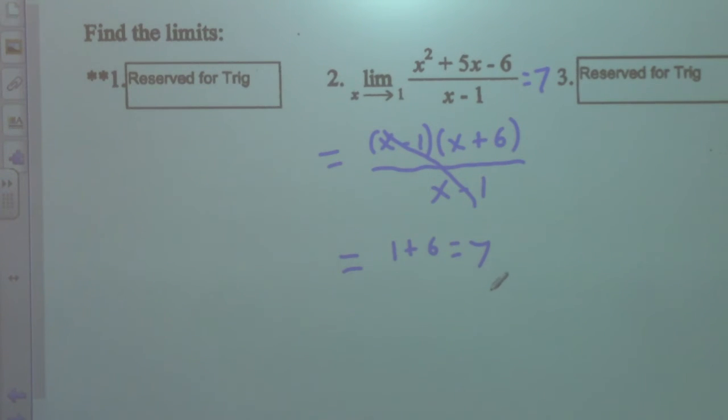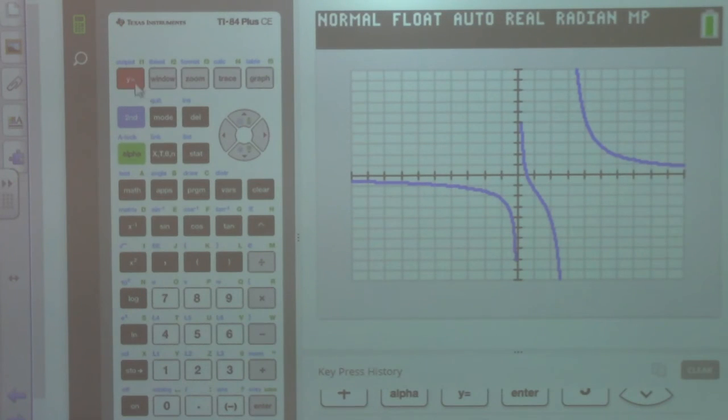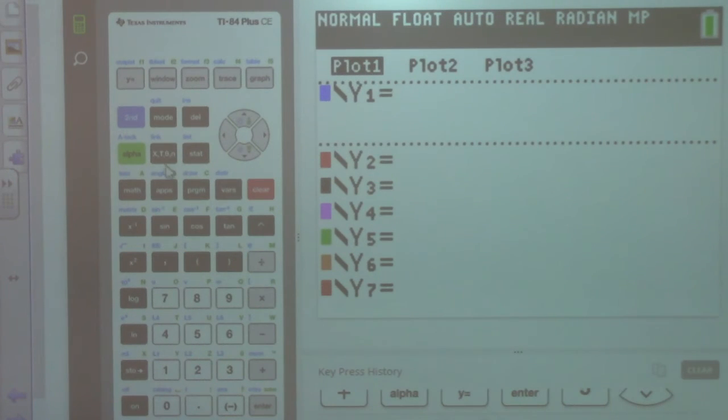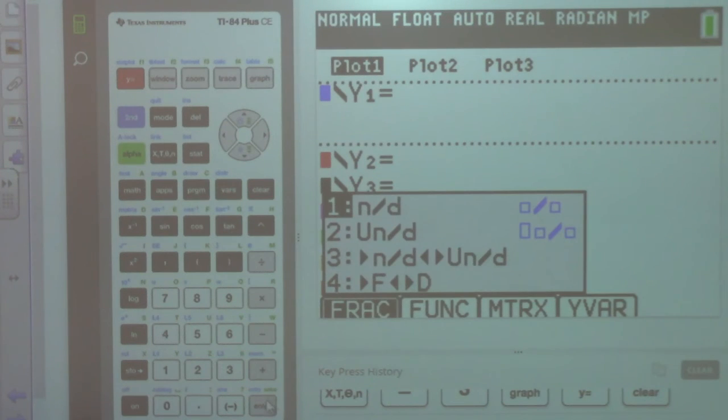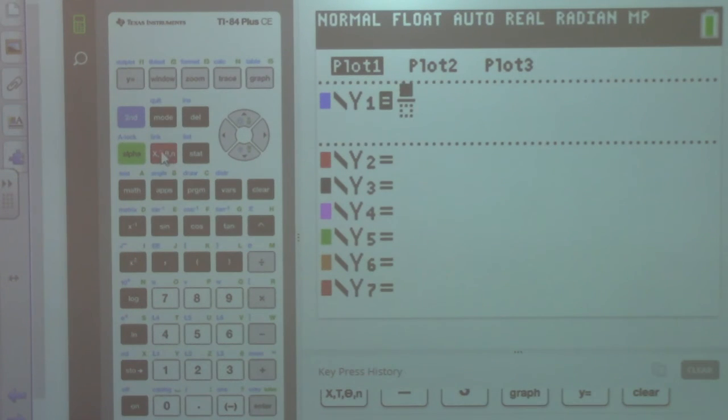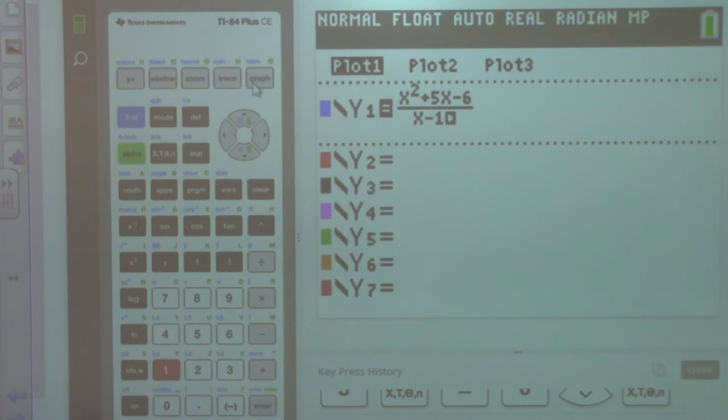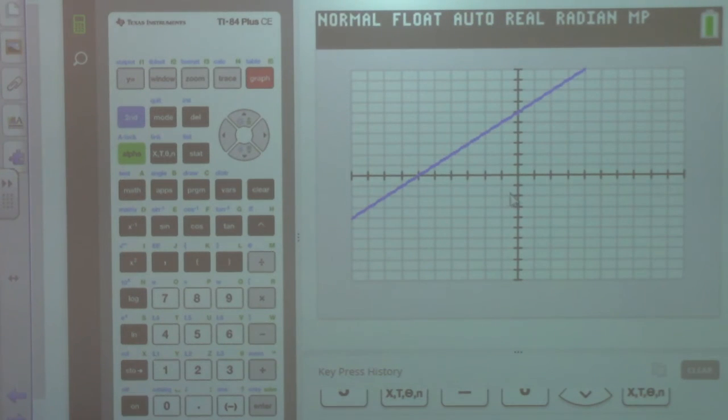All right, I want to show you graphically what's happening here. We have x squared plus 5x minus 6 over x minus 1. So we graph that, and the graph looks like this.